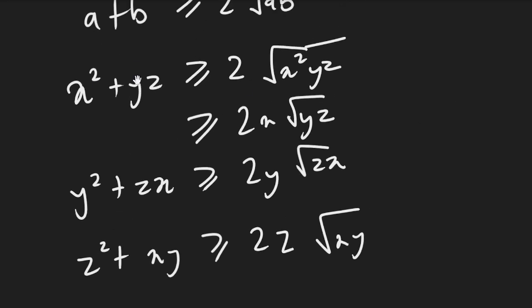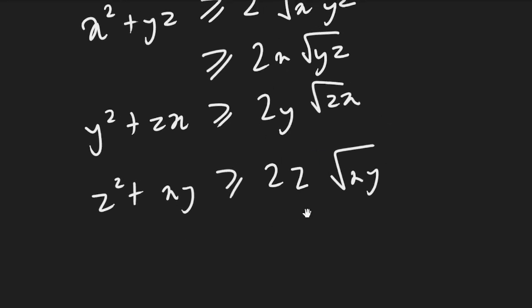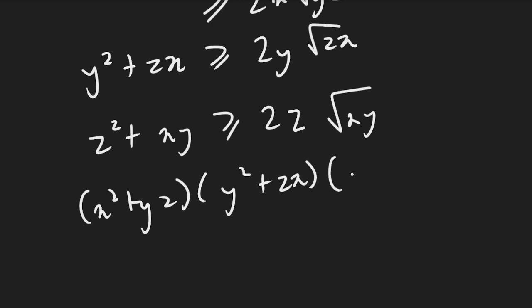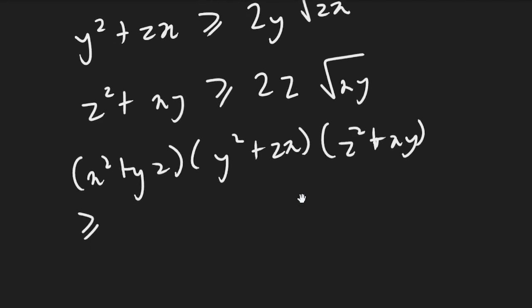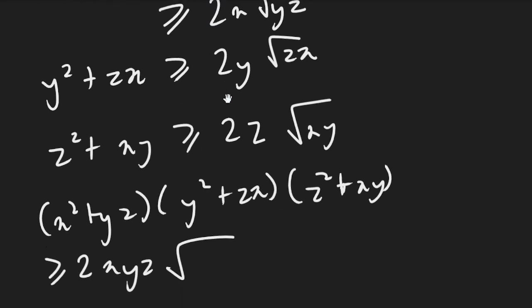So we have these three inequalities here. When we multiply them together, what do we get? We have (x squared plus yz) times (y squared plus zx) times (z squared plus xy) is greater than or equal to 2x times 2y times 2z times the square roots.